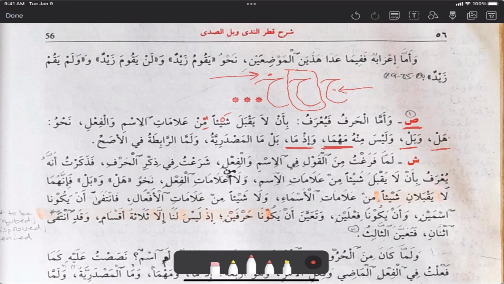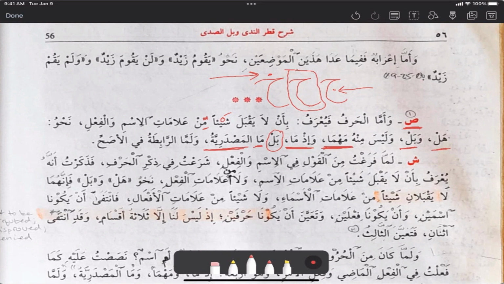Bal, ma al-masdariyah, rather, ma al-masdariyah is a particle. I'm not going to translate that now. We'll see it when we come to it, inshallah. This ma is one of them.